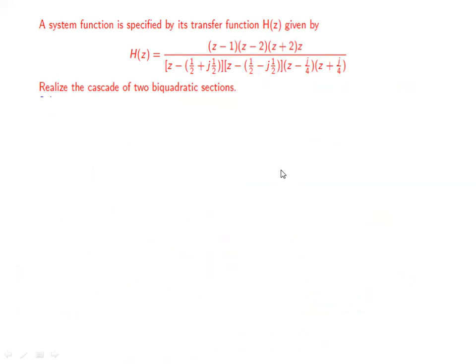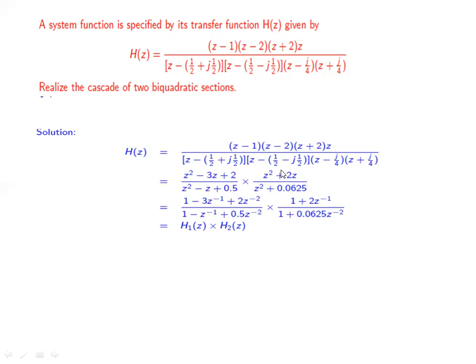Then again, a system function is specified by its transfer function h of z. So h of z equals z minus 1, z minus 2, z plus 2 into z. This way we are writing this separately.